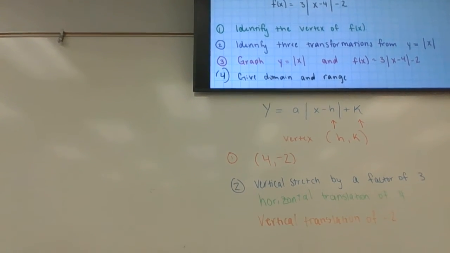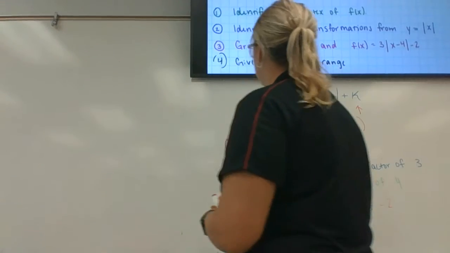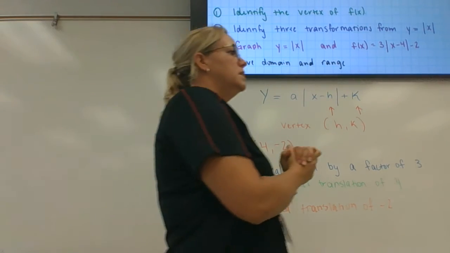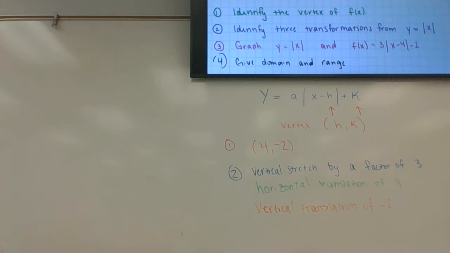All right, number 3 is to actually make the graph. So start with this one. I will ask you on your test to make this one and to compare to this one. So I want you to have this memorized. You should know what just y equals absolute value of x looks like.